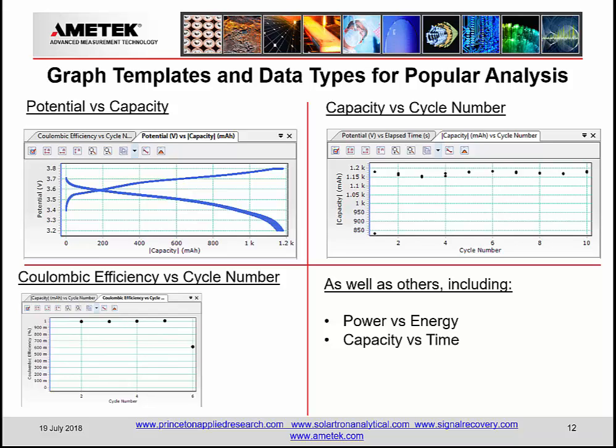Over in the top right, we can see capacity versus cycle number. This gives you the charge and discharge capacity calculated for you based on cycle number. It's basically a summary graph of all the graphs overlaid on the far left. In the bottom left-hand corner is the Coulombic efficiency of different cycles of the battery.